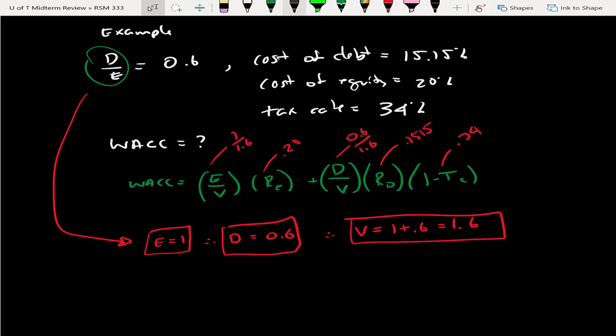In that scenario, if I work this out, I will calculate that the weighted average cost of capital for this company is going to be 0.1625 or 16.25%.